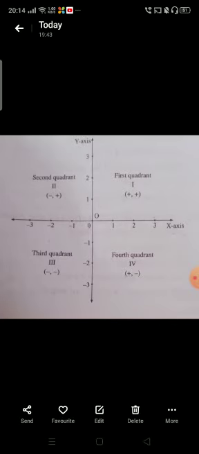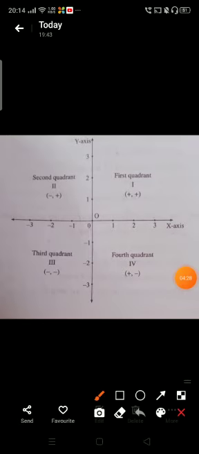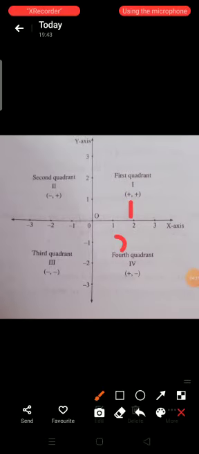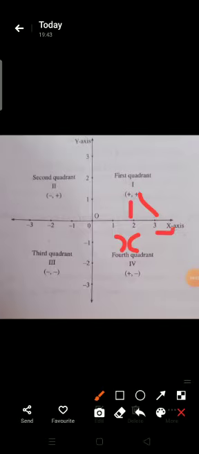If both the numbers, both the points, are positive, it is known as the first quadrant. The first point is x and the second one is y; the first one will be x, the second one will be y.